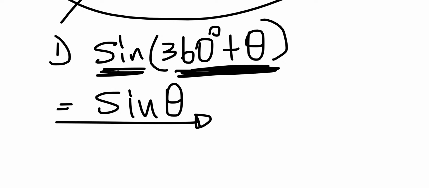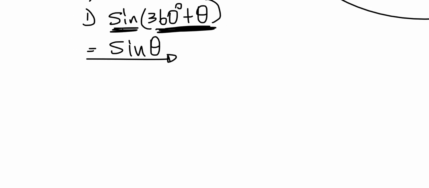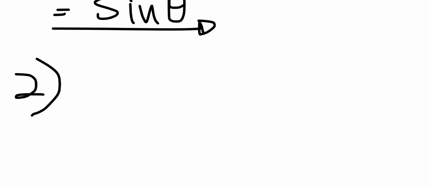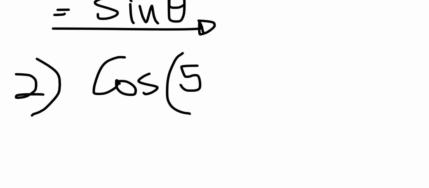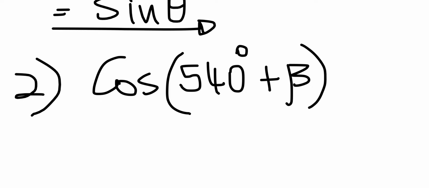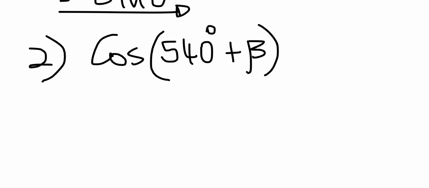Okay, so now let's look at another example. In this example, let's say we are given cos of 540 degrees plus an angle, let's use beta in this case.